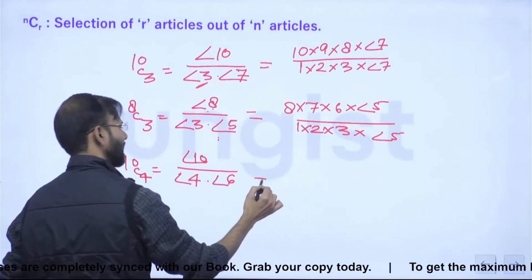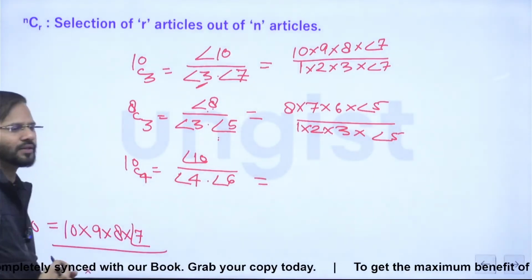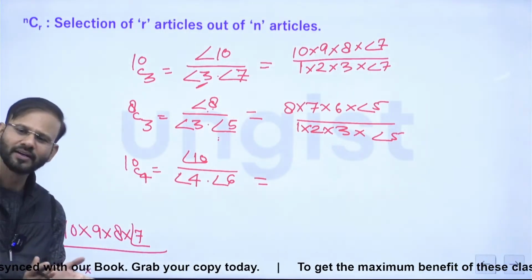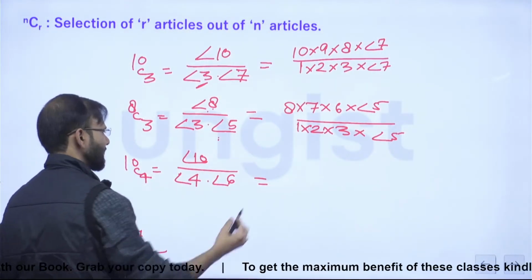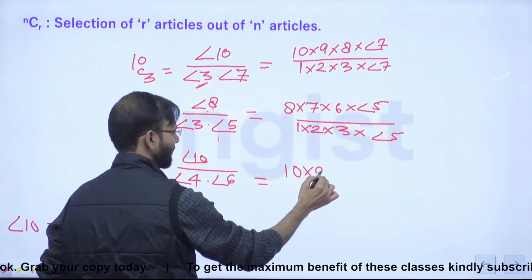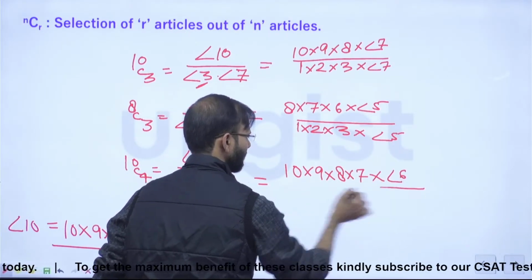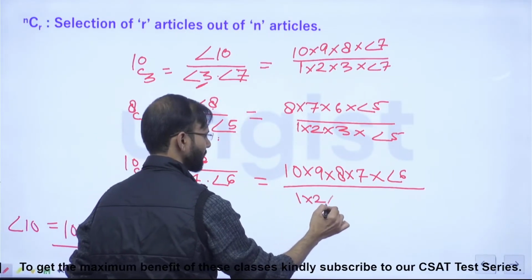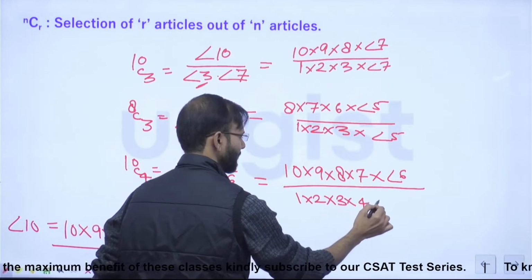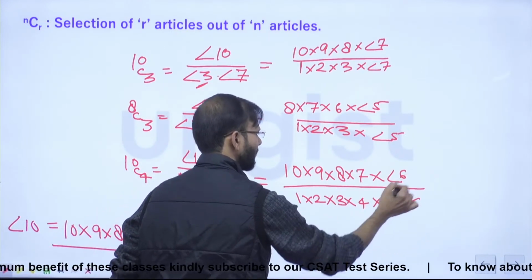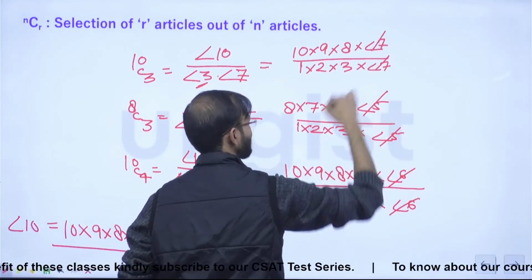And for 10C4 we get 10 into 9 into 8 into 7 into 6 factorial divided by 1, 2, 3, 4 into 6 factorial, correct? As this is cancelled, this is cancelled, this is cancelled.